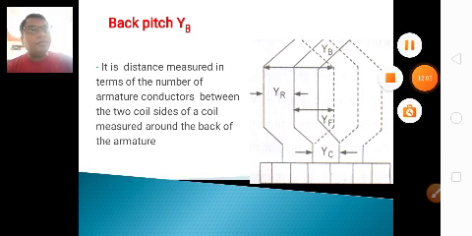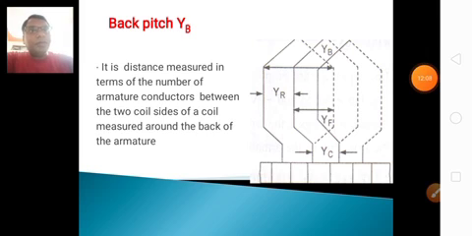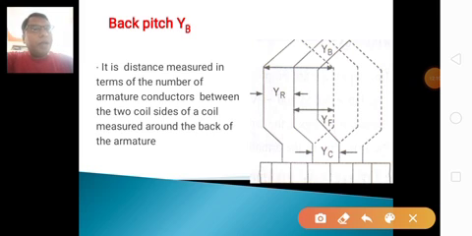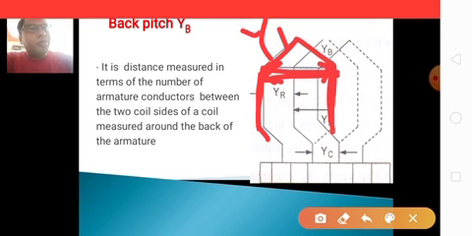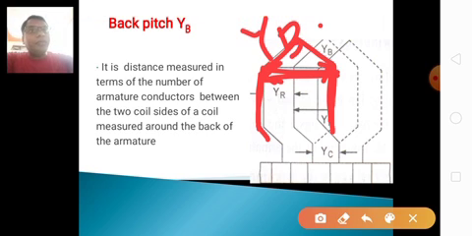The back pitch is: a coil starts on one side and again comes to this side. So the two sides of the coil together is known as back pitch, that is YB. It is the distance measured in terms of the number of armature conductors between the two coil sides, around the back of the armature.